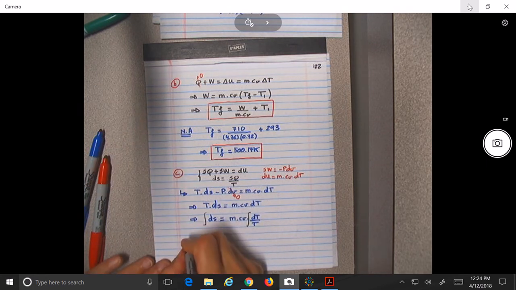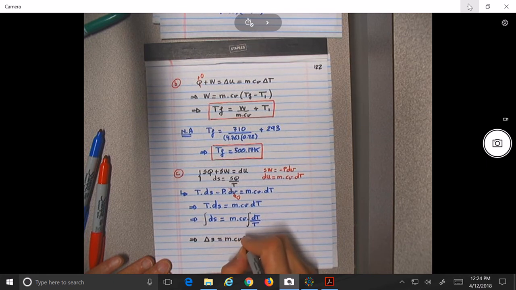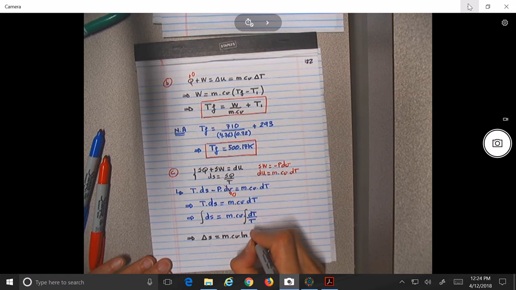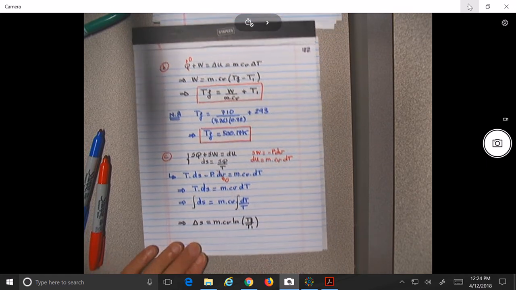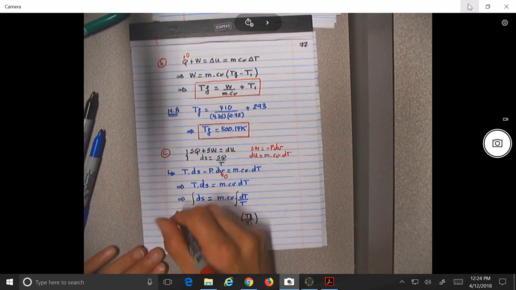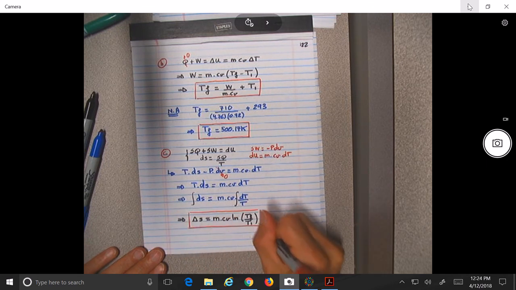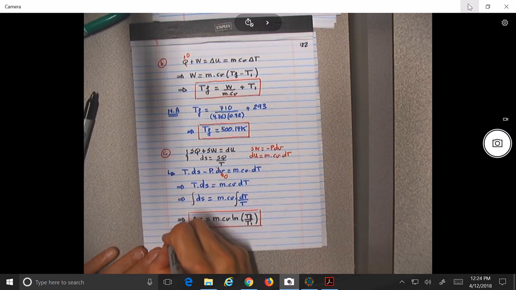So at the end, the change in entropy will be equal to what? mCV log of T final over T initial. I'm going a bit faster because I just want to finish.